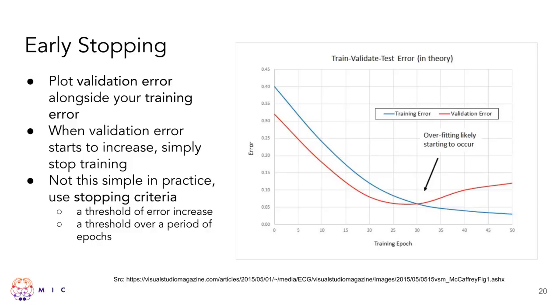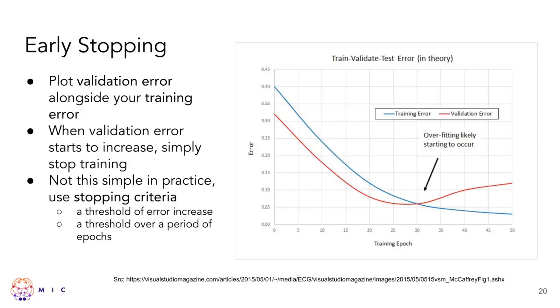Okay, but it's not this neat in practice, unfortunately. So you're not going to have this one really smooth minimum here. Typically, you're going to have a bunch of local minima. So how do you actually know when to stop? If you stop the very second validation error starts to increase, you might not reach your optimum point of training.